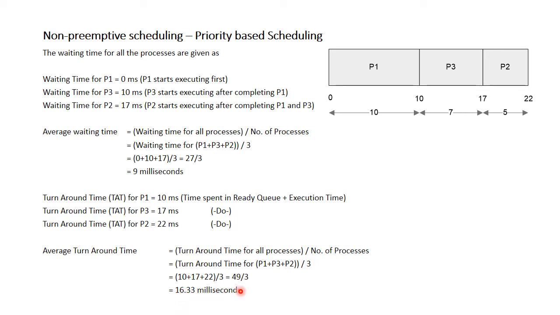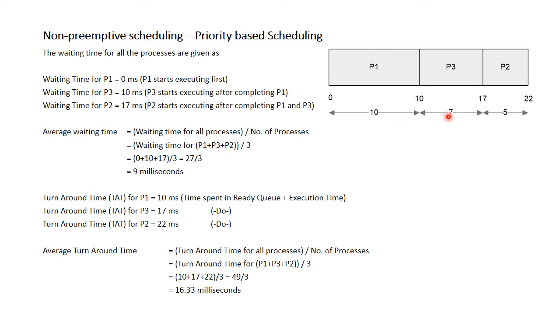Okay, so I hope there is no confusion in calculating the turnaround time. Be careful: turnaround time is the sum of the time spent in the ready queue, which is nothing but the waiting time, plus the execution time of the same process. So the time spent in the ready queue for the first process is 0, plus its execution time of 10. For process P3, the time in the ready queue is 10 and the execution time is 7, so 10 plus 7.